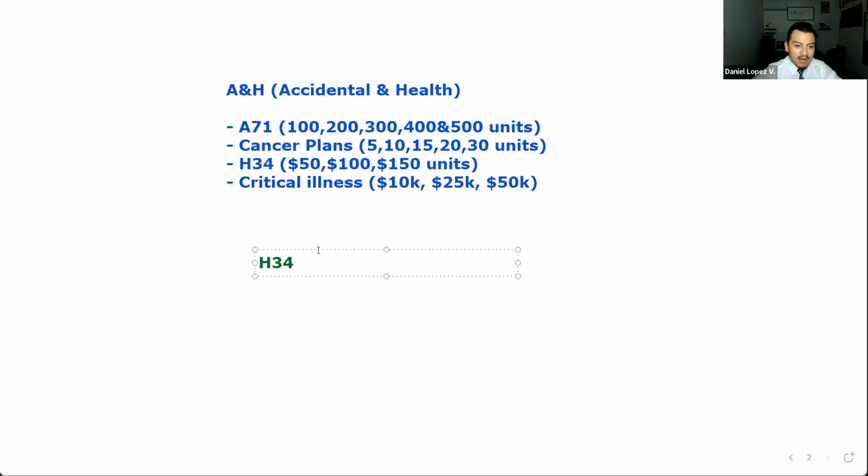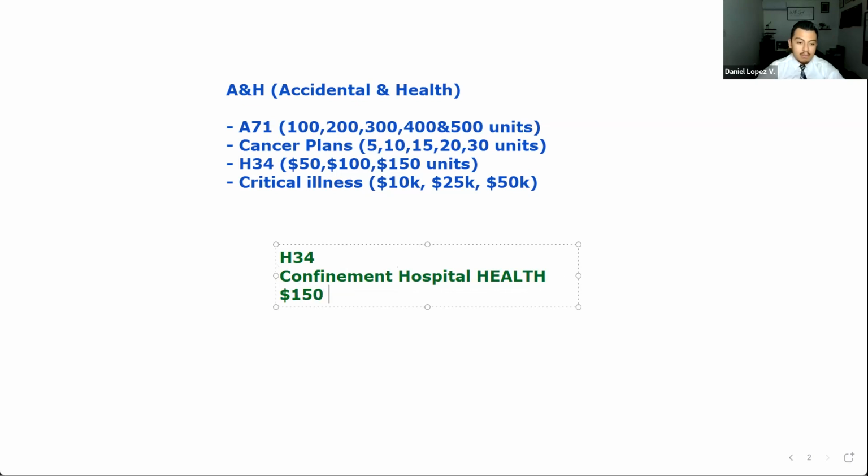Now the H34. The A71 only covers accidental. If they're confined to the hospital due to an accident, it pays a certain amount. The H34 is pretty much the same thing, but it's health. So if they're confined to the hospital for health reasons, it pays out your choice of $150, $100, $75, or $50.